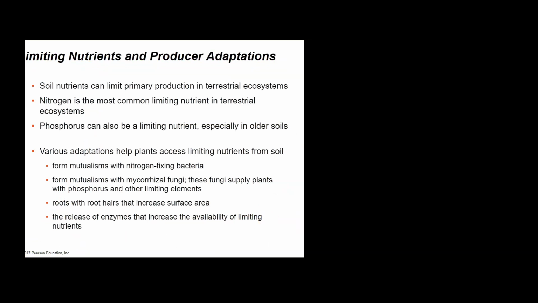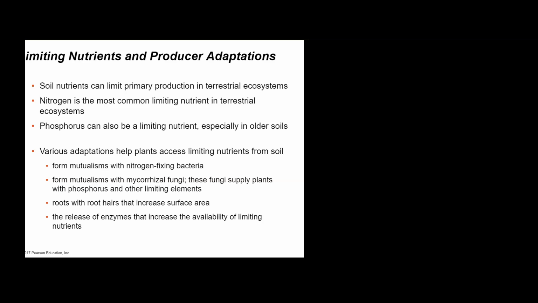In terms of nutrients, we have similar types of limitations with terrestrial ecosystems. So soil nutrients can limit primary production, like nitrogen and phosphorus again. And there are different adaptations that plants have undertaken that allow them to access those limiting nutrients more efficiently from the soil.